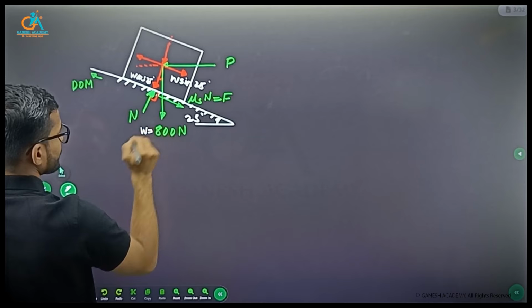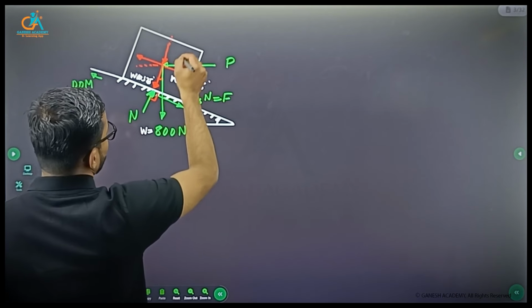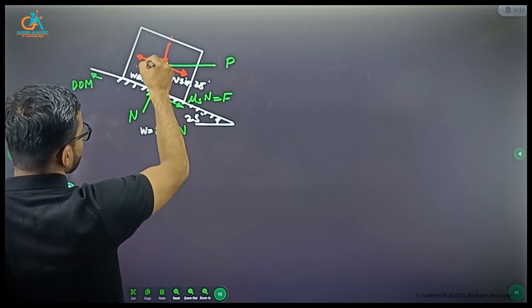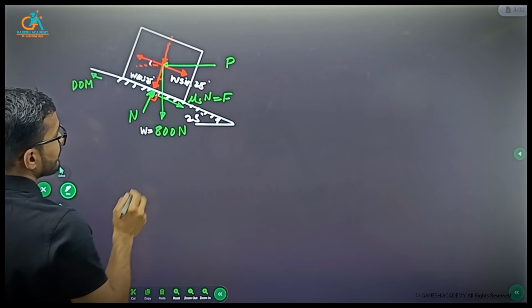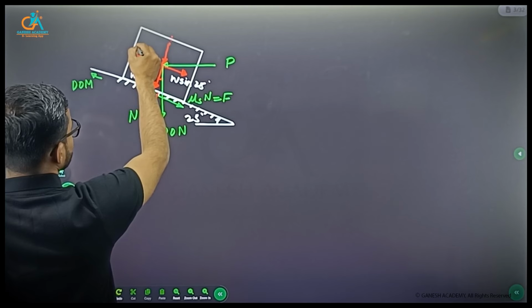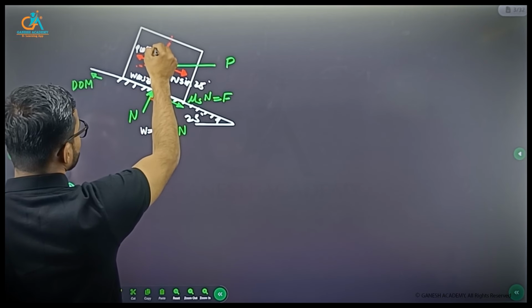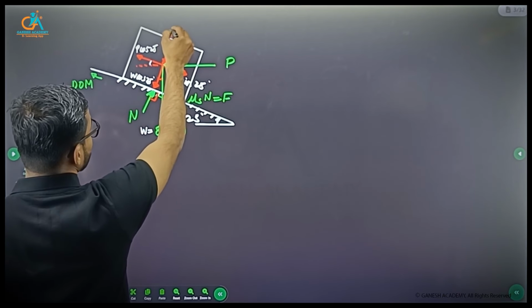Where this is W 800, and ये जो फोर्स रहेगा ये एंगल बनेगा 25. तो ये फोर्स रहेगा P cos 25, एंड ये जो रहेगा P sin 25.